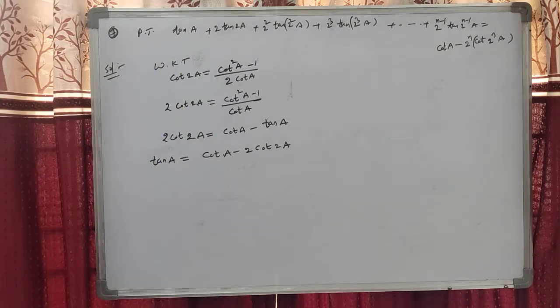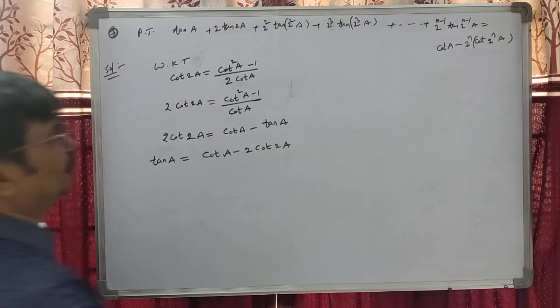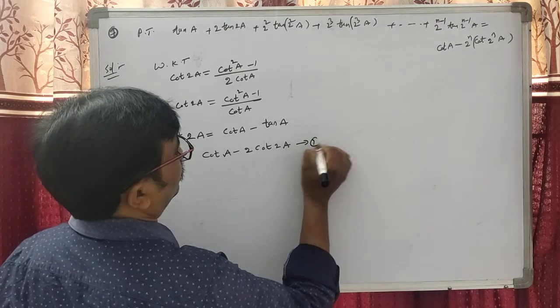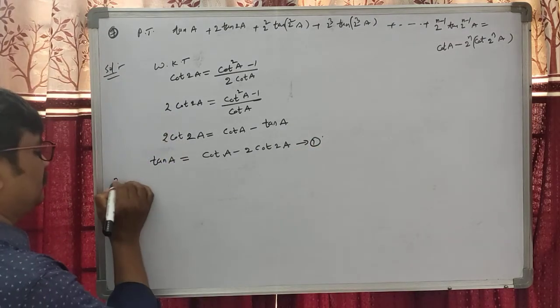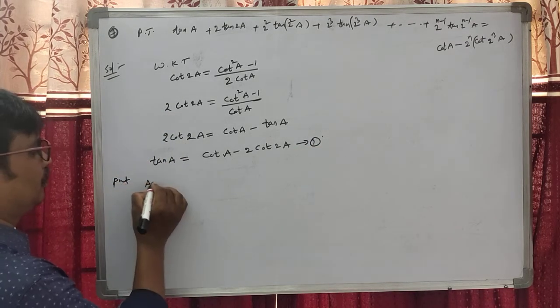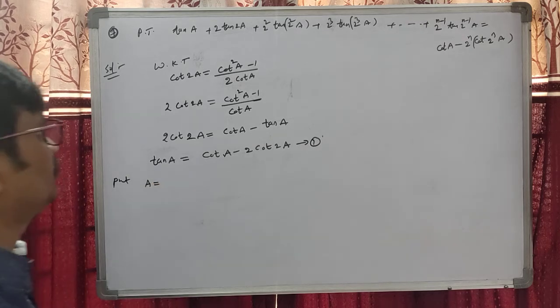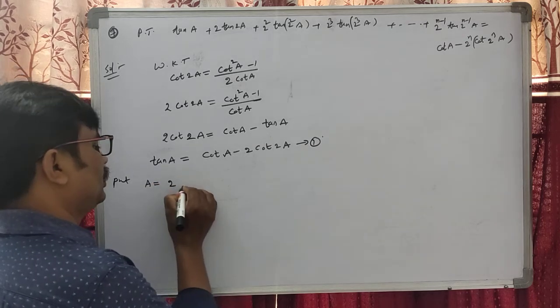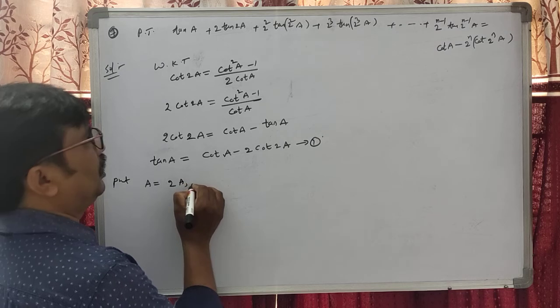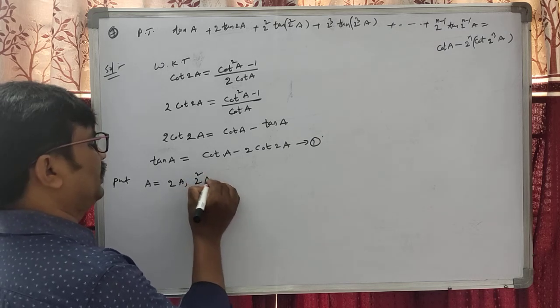So the first term tan a is there, students. Now in this equation 1, put a equal to 2a, we can substitute 2a. After that, 2 square a.